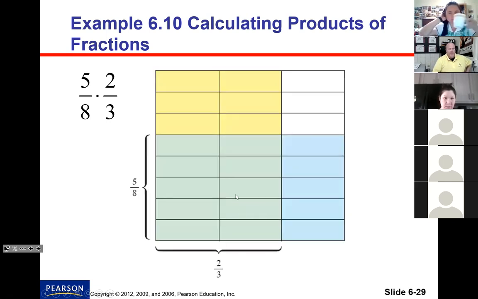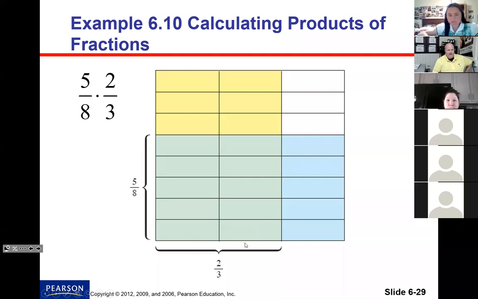Here we go. If you look at this first column, the first column is broken into 8, and the green part here, this one, this one, this one, this one, there's our 5/8 right there. Then we look this way on the horizontal. We break this into 3 parts, and we see our green part is 2/3.